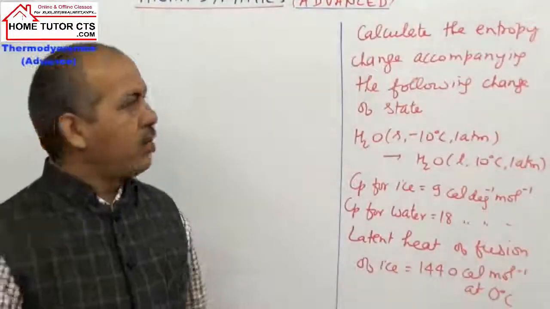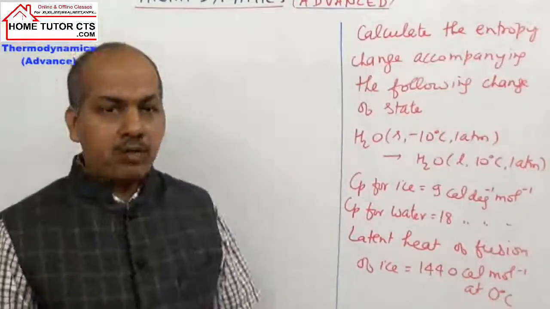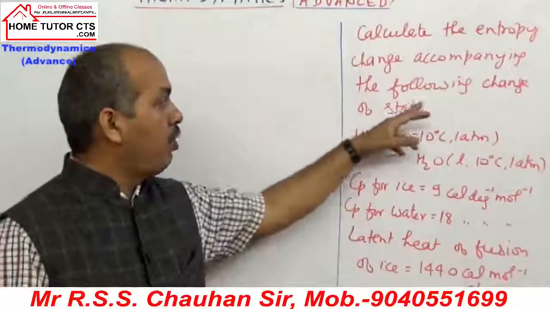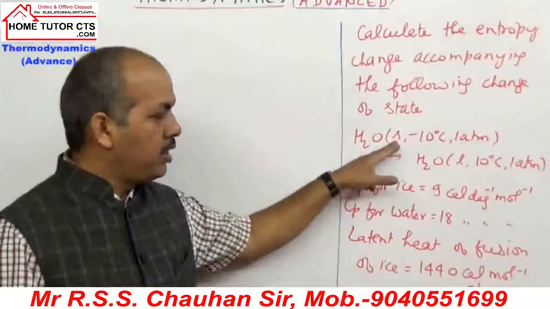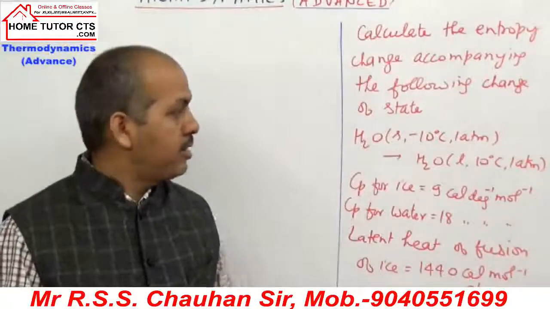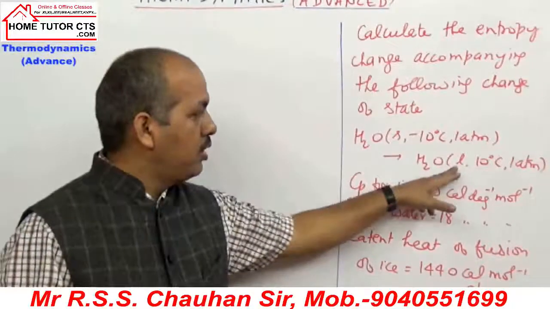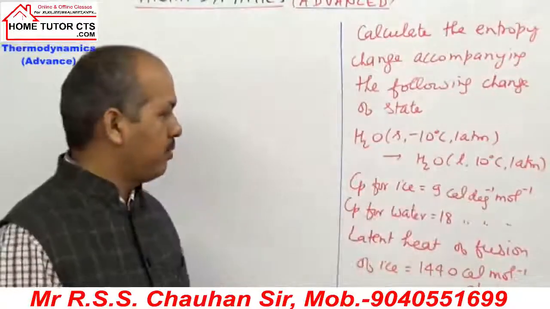Write down the question. Calculate the entropy change accompanying the following change of state. Given water, it is ice, solid at minus 10 degrees Celsius, 1 atm pressure, changes to liquid water at 10 degrees Celsius and 1 atm pressure.